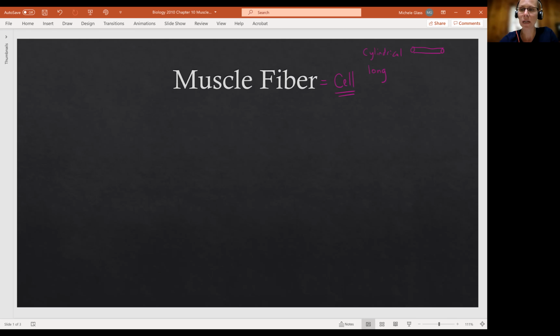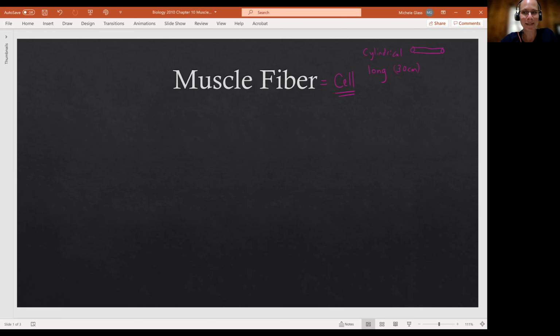We mentioned already that it can be 30 centimeters in length, which is roughly about 12 inches. And it's pretty thick as well. So it can have a diameter of about 100 micrometers. That's quite a bit for a cell.